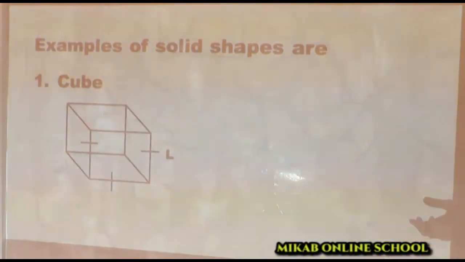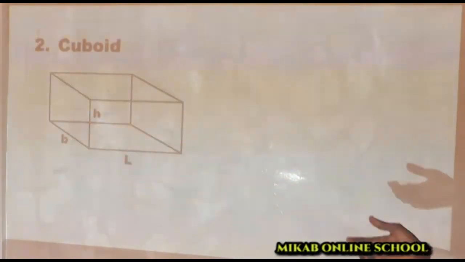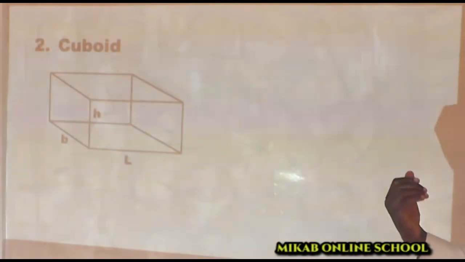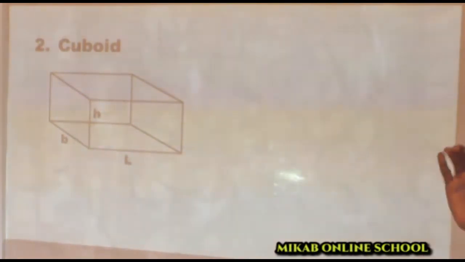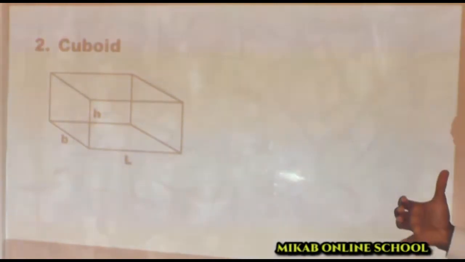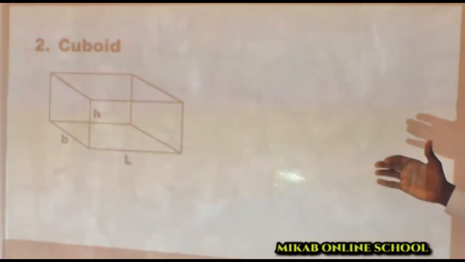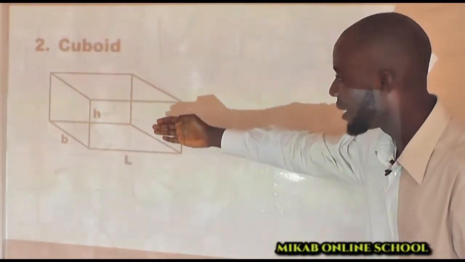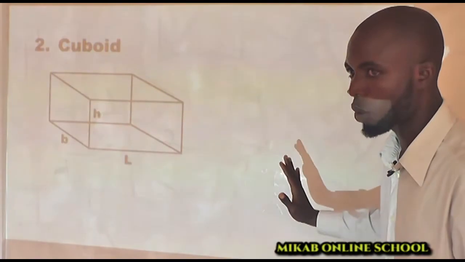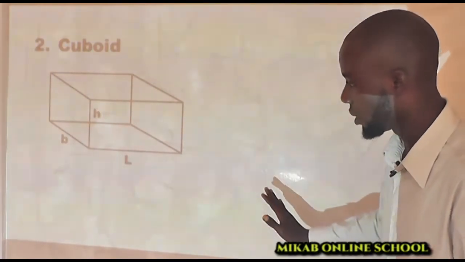The next example we shall look at is the cuboid. The cuboid is also like a box, but the length, the breadth, and the height are not the same at all. They are different.